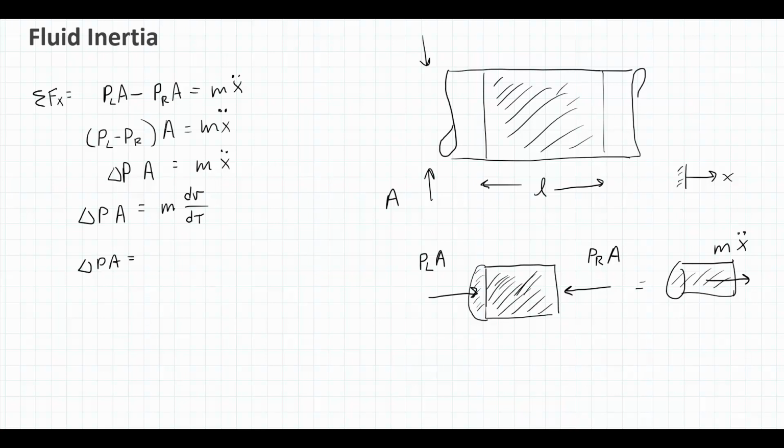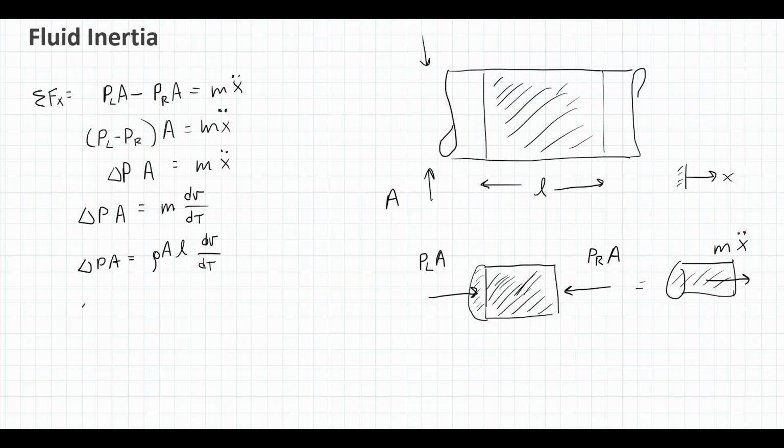So the mass of this little plug of fluid is going to be its density times its volume. Well, its density I'm going to say is rho, and its volume, because it's prismatic, is going to be its area times, in this case, its length. So I can rewrite this as rho AL dv dt. So I haven't changed anything, I'm just rewriting x double dot as dv dt, and the mass as rho AL. Again, this is where it only works for prismatic pipes.